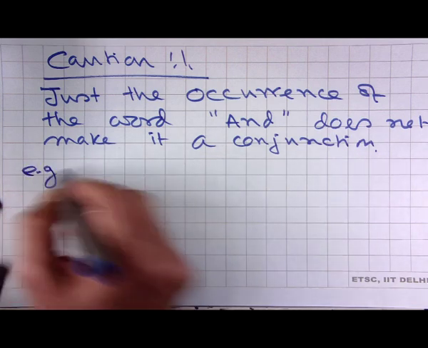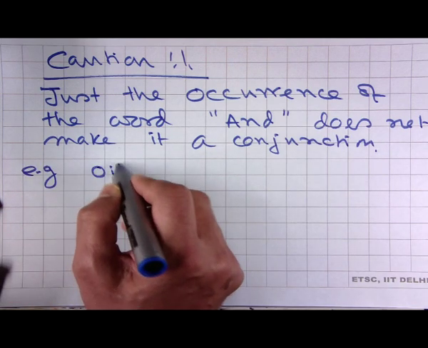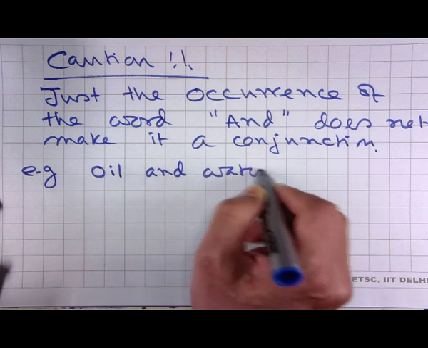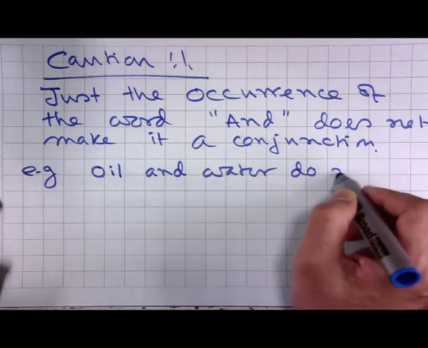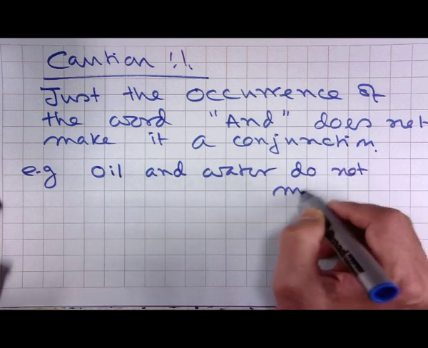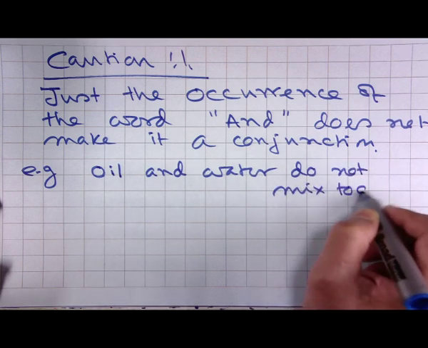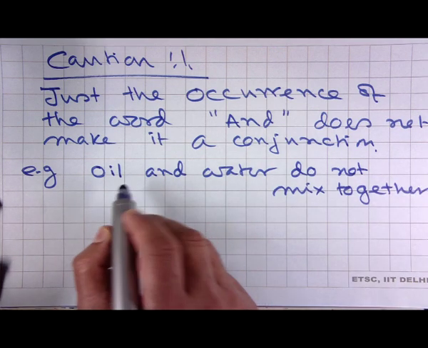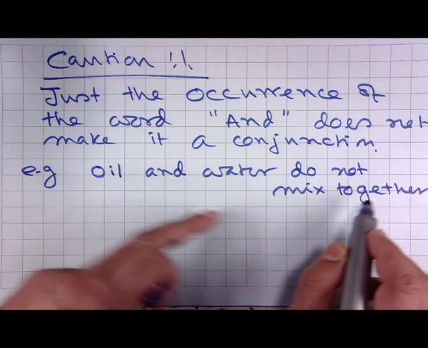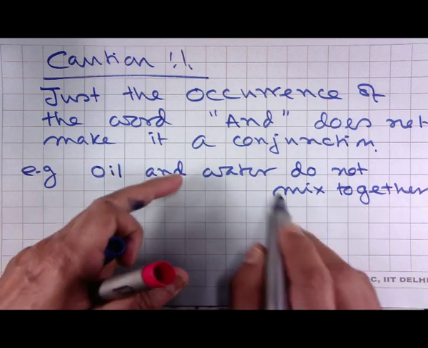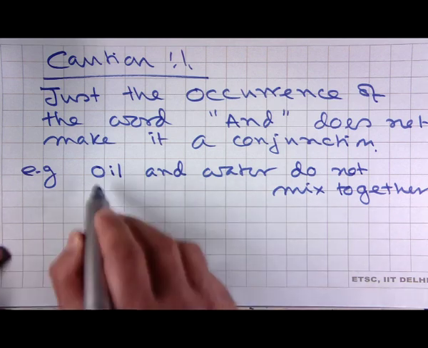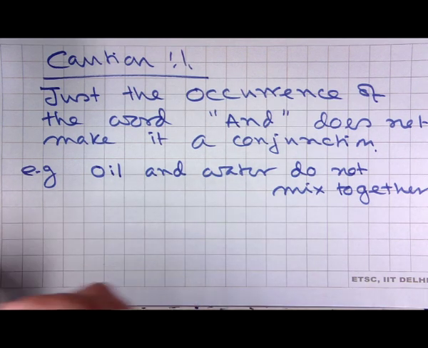Example: oil and water do not mix together. You cannot interpret it as oil do not mix together and water do not mix together. That is not correct. So, it is not a conjunction of two statements.